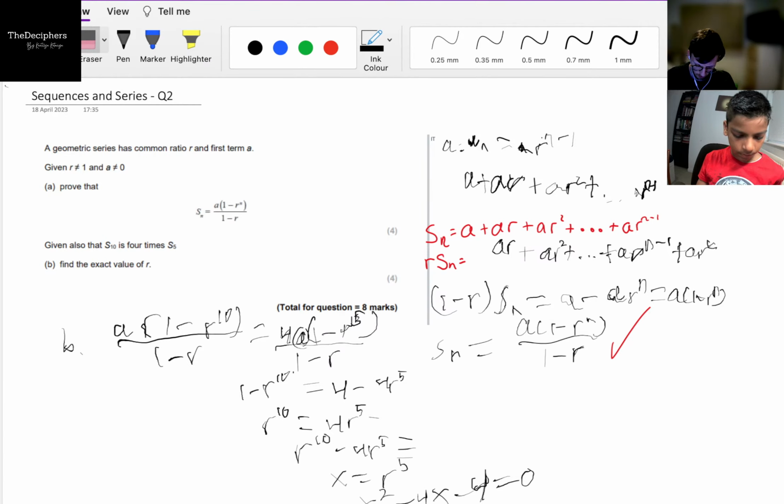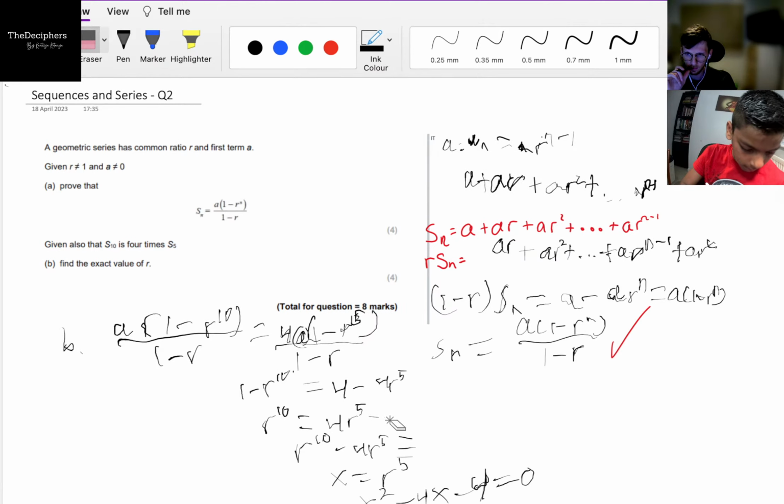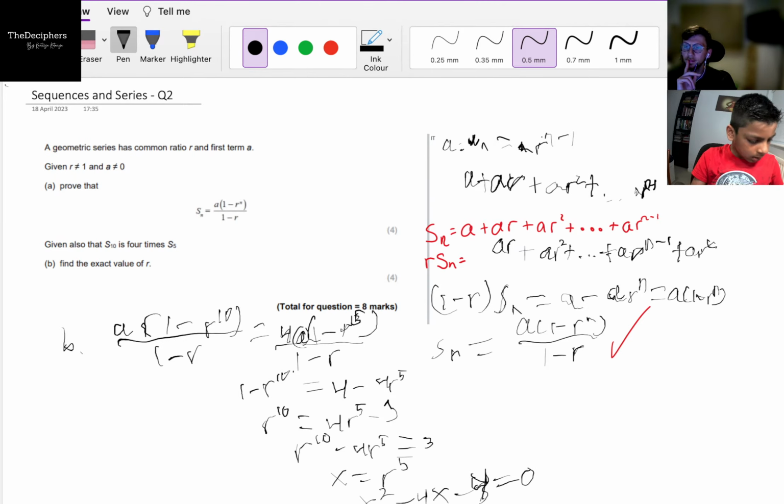But it's r to the power of 10 minus 1 is 4r to the power of 5 minus 4, and then we add 1 to make 3. Minus 3 is 0. Just gonna check.